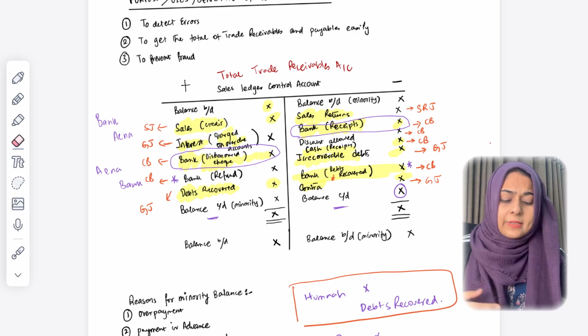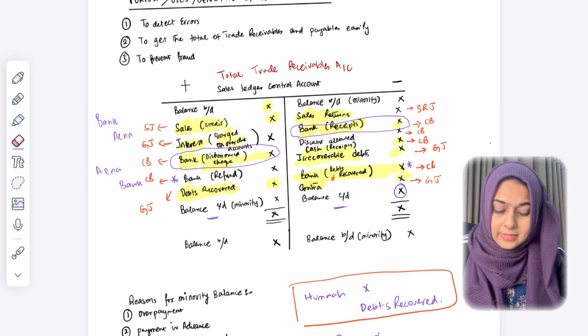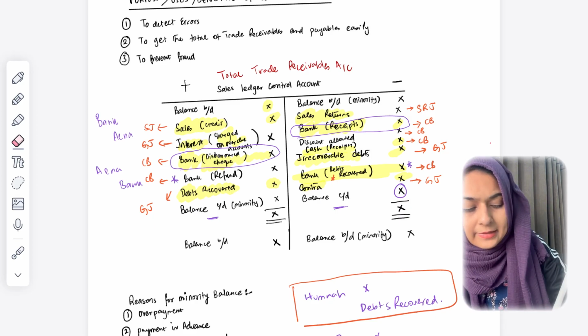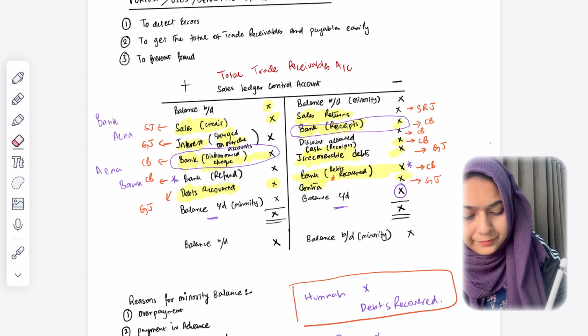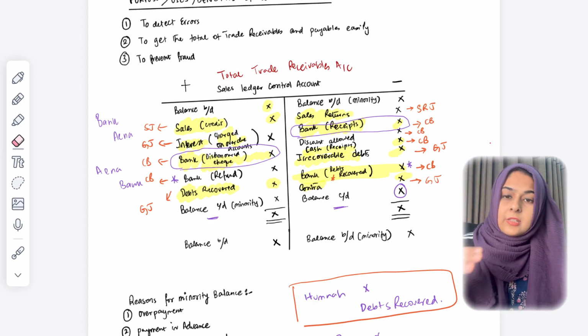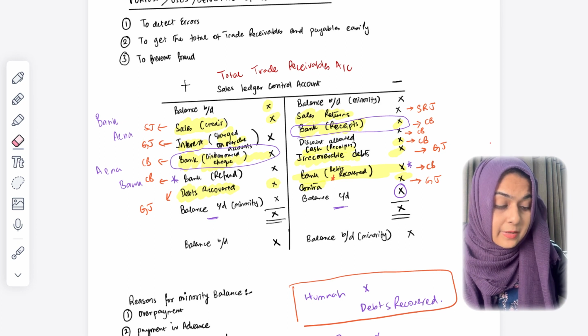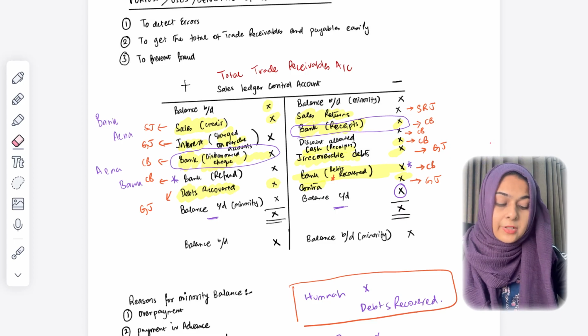So I will tell you guys, the sales journal total is basically your total credit sales. So sales is coming from the sales journal. Similarly, the sales returns journal tells you the total returns by your customers. So this sales returns is coming from the sales returns journal. I'm writing short forms here.